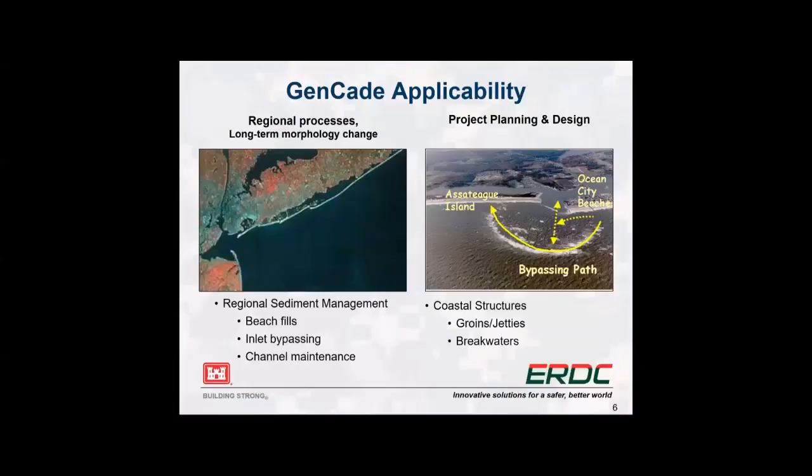Again, the model is applicable across either a regional scale or a local scale. For regional sediment management, you can evaluate beach fills, inlet bypassing, or channel maintenance. On a more local scale, you can do coastal structures, so breakwaters, groins, T-groins, and jetties.